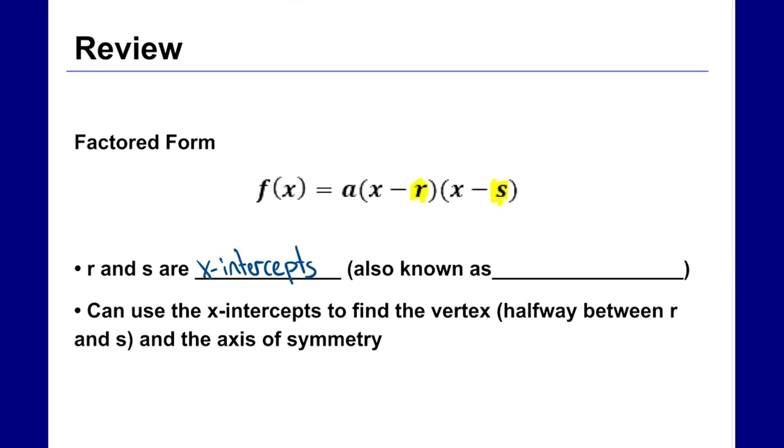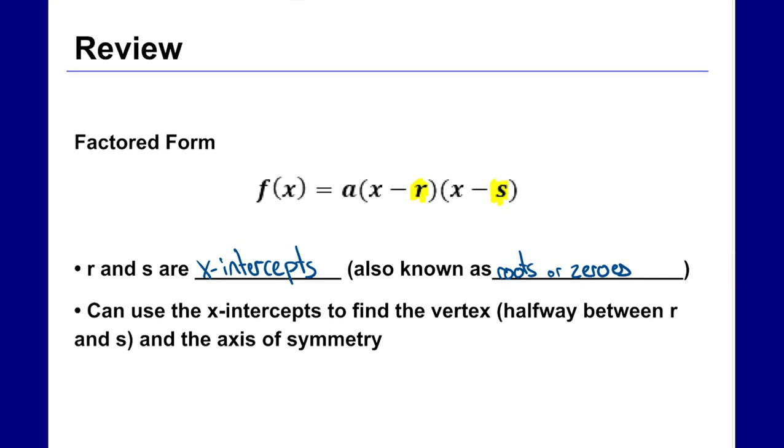So r and s represent the x-intercepts, and they're also known as roots or zeros. So your zeros, your roots, your x-intercepts, they all mean the same thing, and that is what the r and s represent in the factored form.